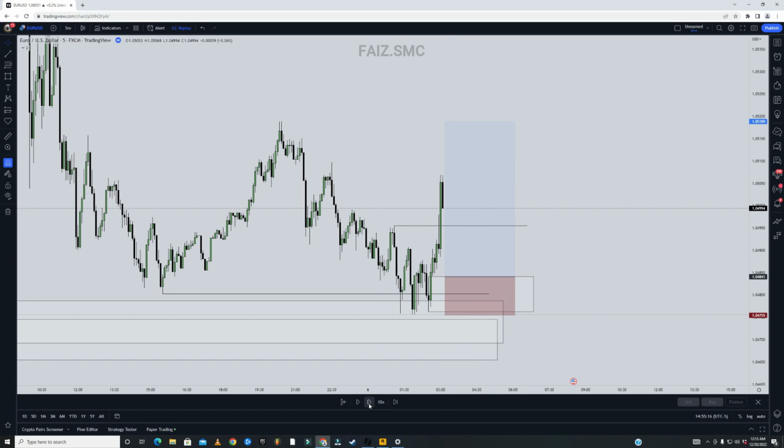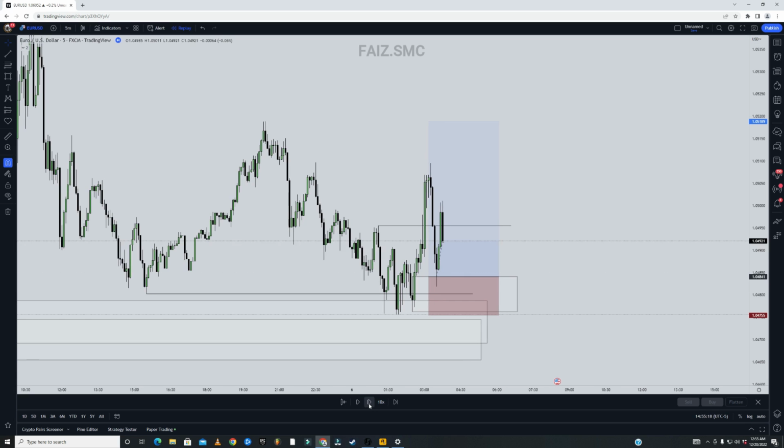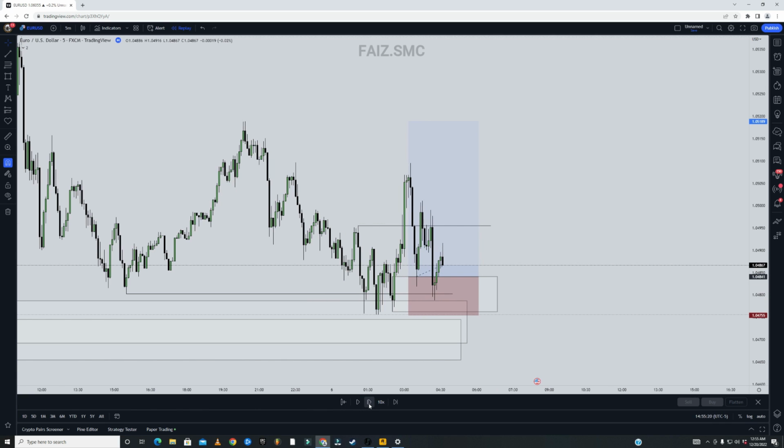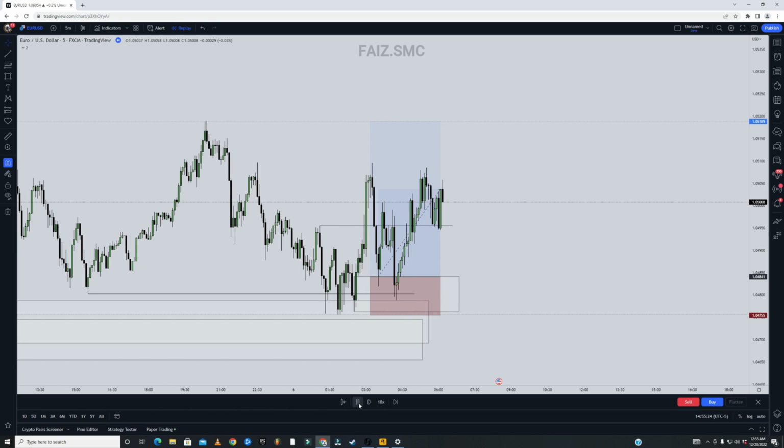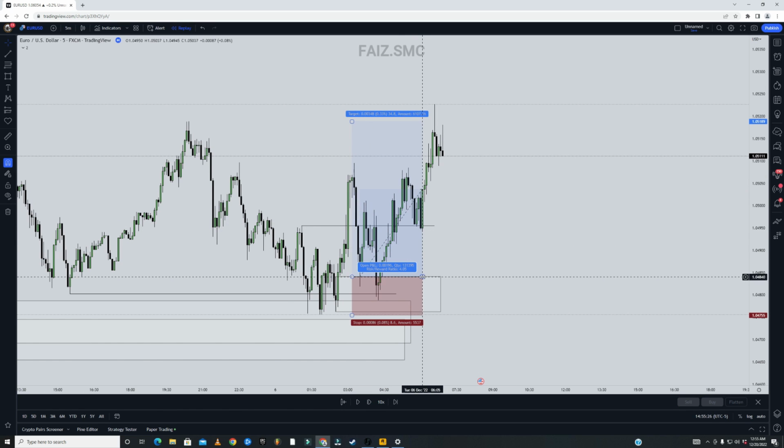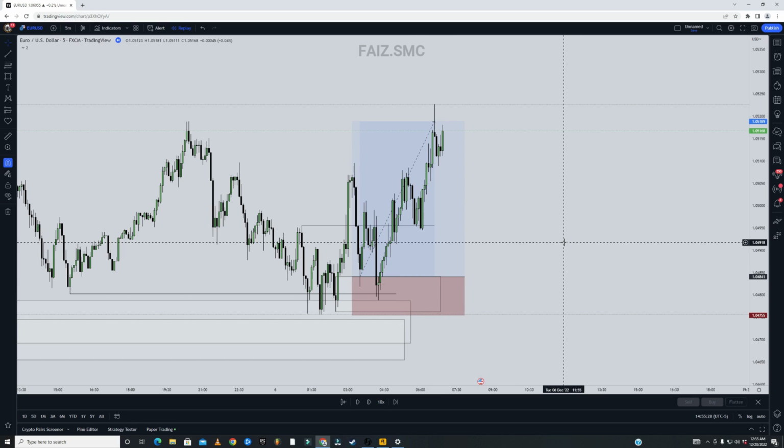So let's see how this plays out. We get our entry, and if I play this through, we hit our take profit level. Really that simple, guys. You just combine a POI with ABC formations and it's going to work like a charm.